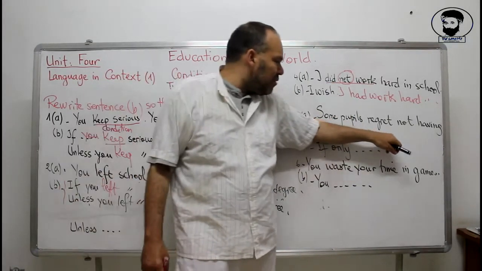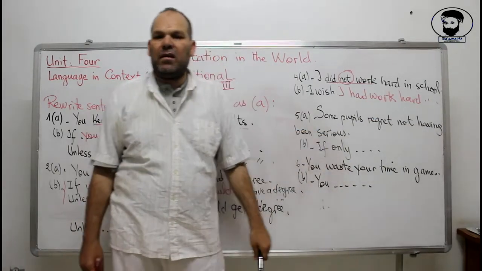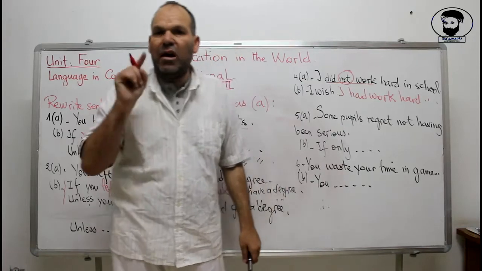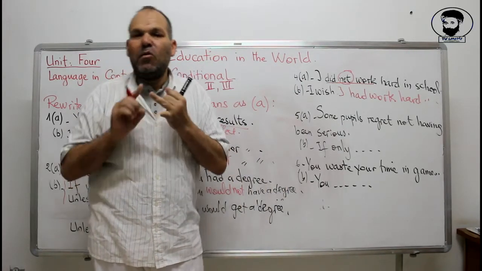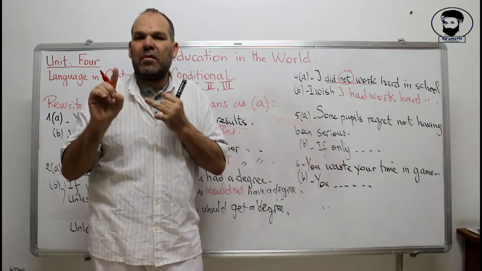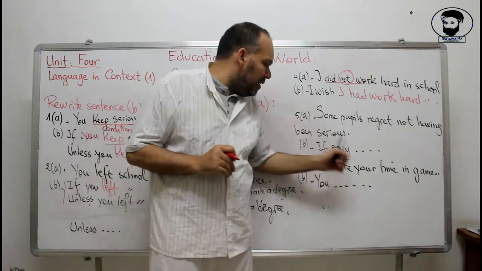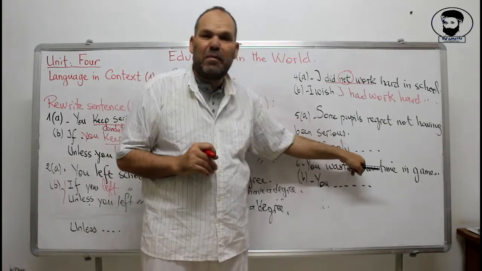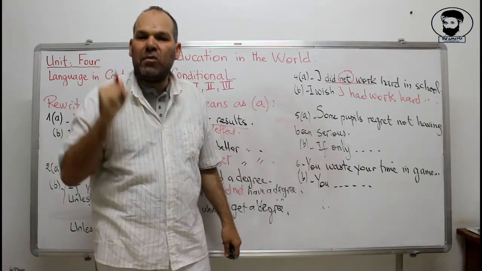Some people regret not having been serious along the year. And if only. Now you remember with if only, you either use the past perfect, had plus past participle, or would plus stem to express a wish in the future. Now let's say, if only now. I can't use if only plus the simple past, because this is said to be a strong regret.